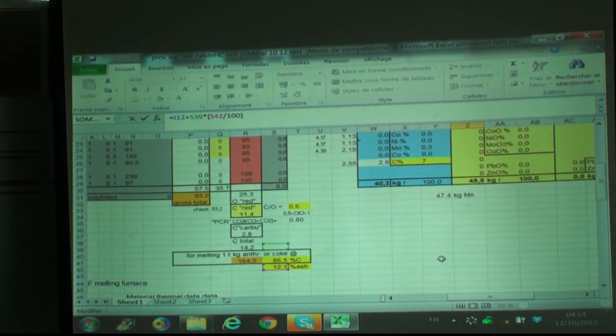It becomes more complex because SiO2 is not just coming from the ore, but you have some SiO2 from the ash of the coke, excuse me.